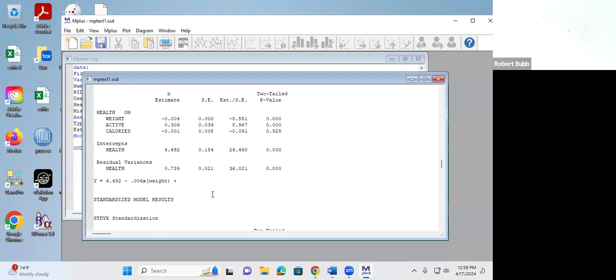Plus 0.306 x, where it is now active, minus 0.001 x calories, and then what?